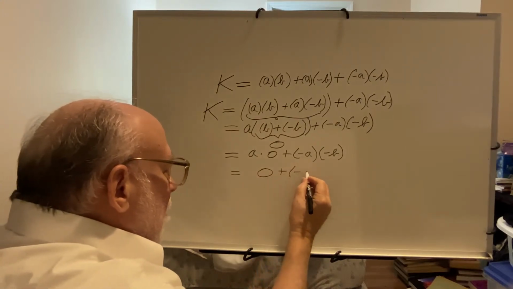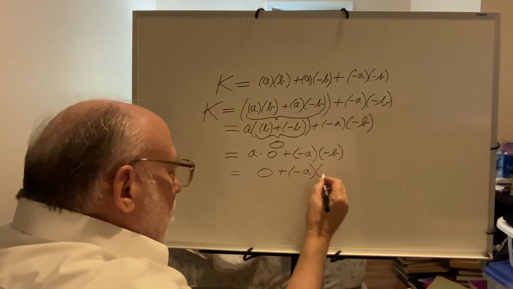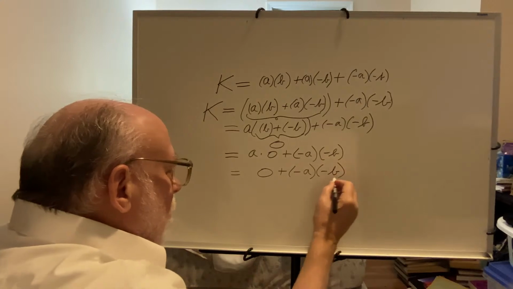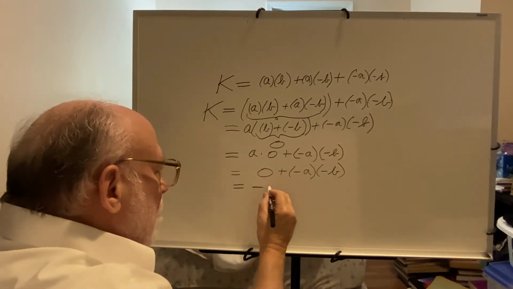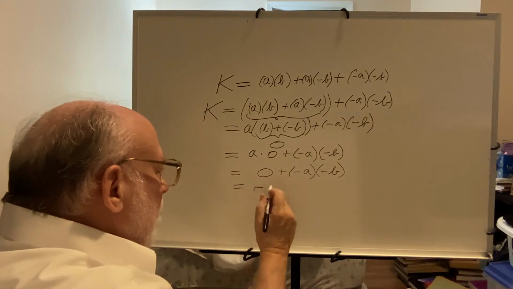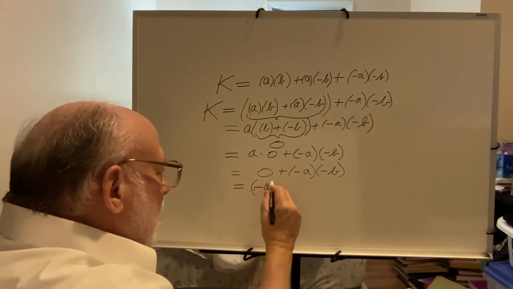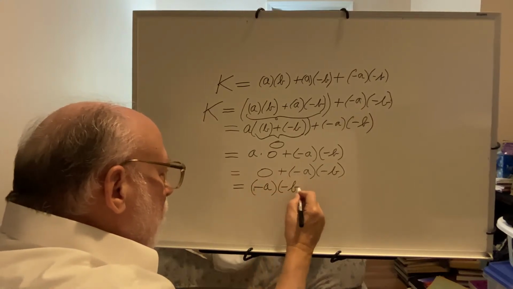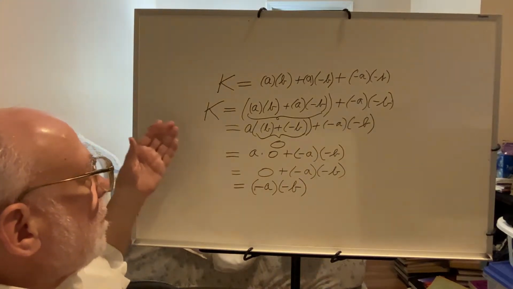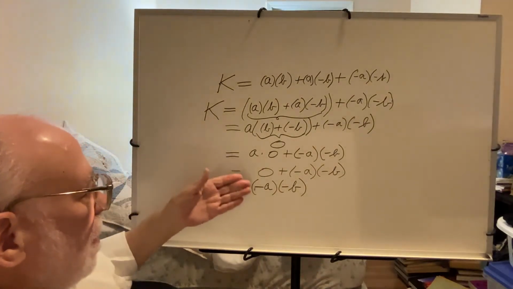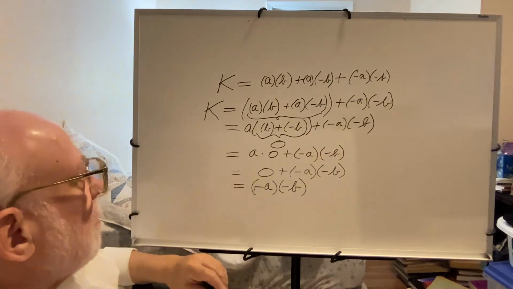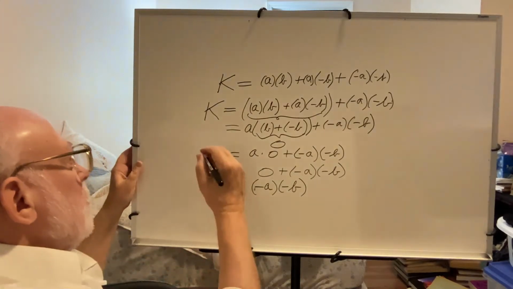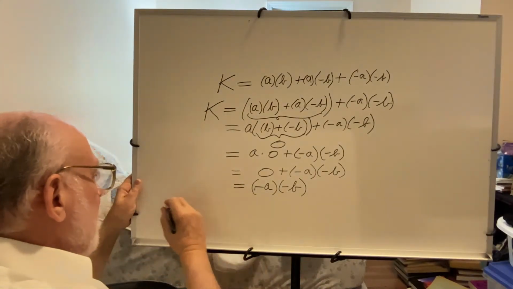We could be using the commutative laws here. We can switch this, and we get 0 plus negative A times negative B. This is what K is. It's negative A times negative B. Okay, that's over here on the side. K is negative A times negative B.